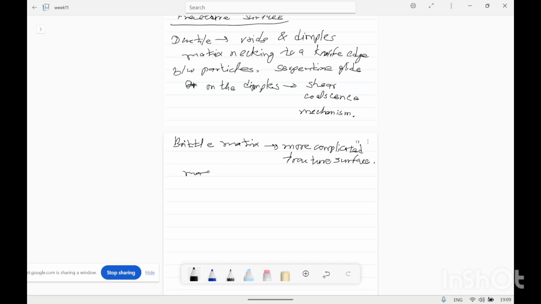There will be fewer voids, and a reduction in void size associated with particles.